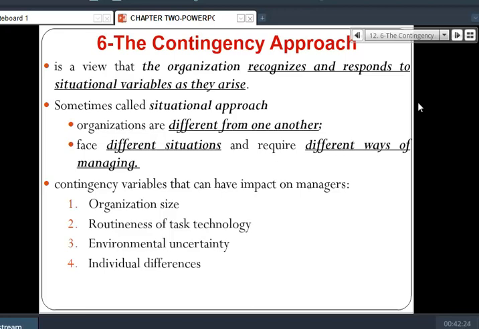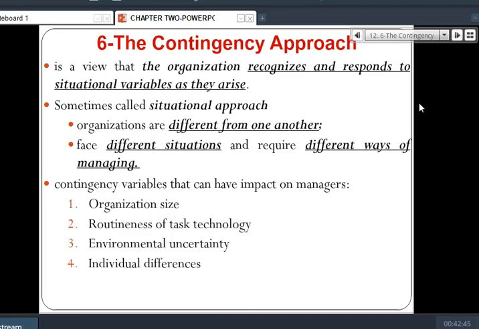We wait for the disaster, and only then try to find solutions. It is sometimes called the situational approach, because they only move when there is an event that makes them move.